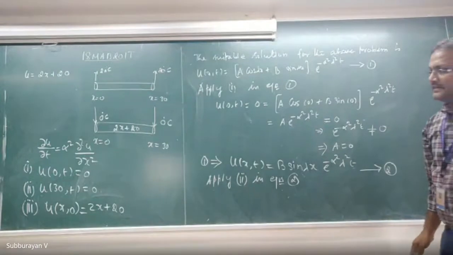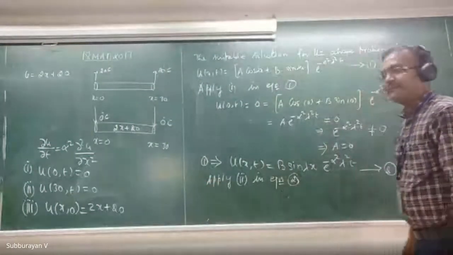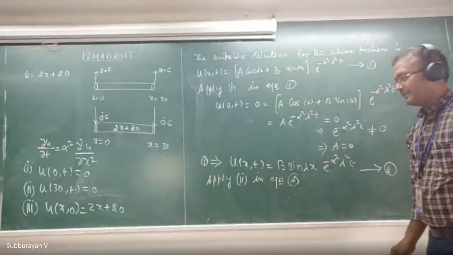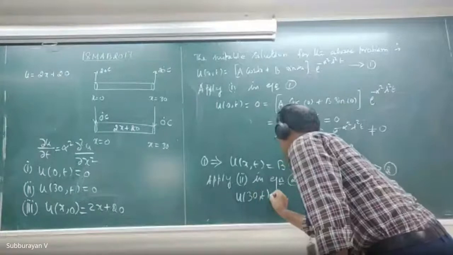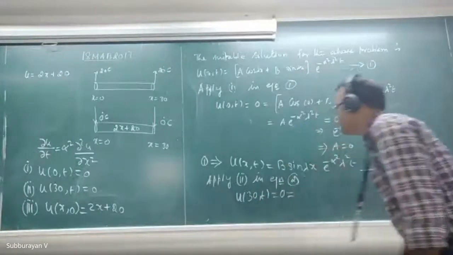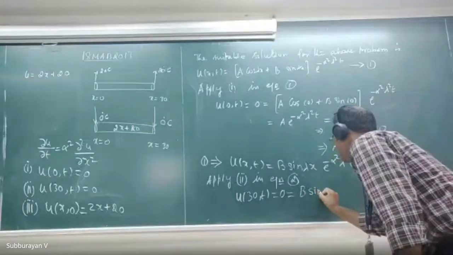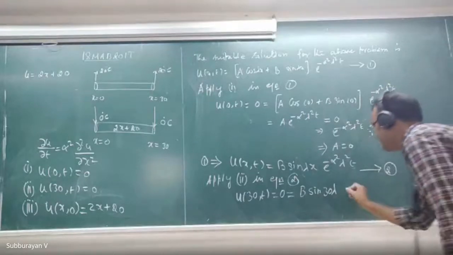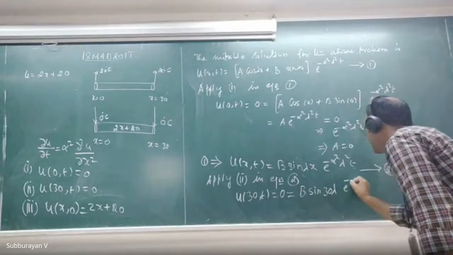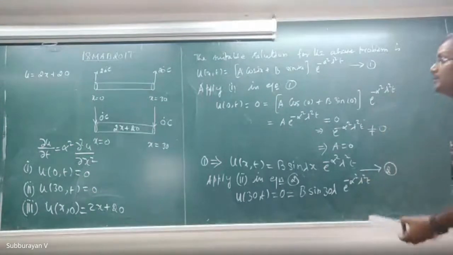So what is the condition number 2? The condition number 2 is u of 30 comma t equal to 0. So u of 30 comma t is equal to b sine 30 lambda into e power minus alpha square lambda square into t, and that is equal to 0.